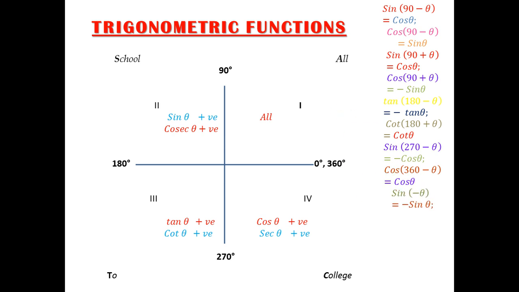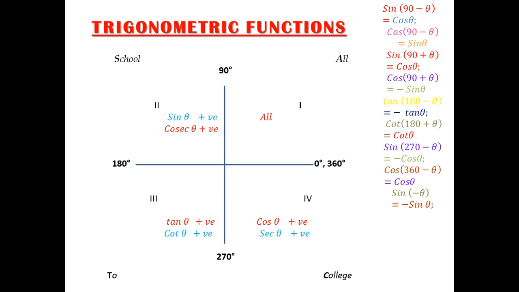Another example. Sine minus theta. Minus theta means now we start moving in clockwise direction. Clockwise direction is 0 to 270, 180, 90, again 0. Opposite direction. So when minus theta is written, it lies in fourth quadrant.